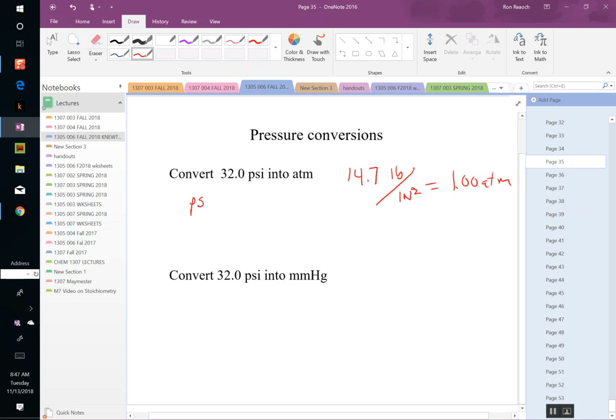PSI equals pounds per square inch. So when you fill up your tires to 32 PSI, it's 32 pounds per square inch. It's about 2 atmospheres. All right? 15 pounds per square inch is roughly an atmosphere. 32 pounds per square inch, 2 atmospheres.